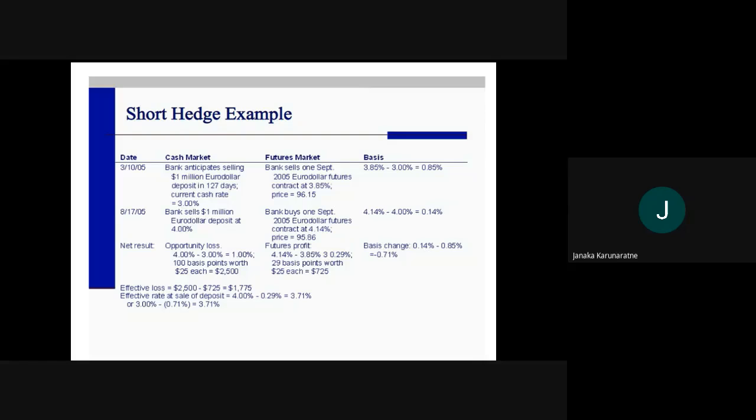But since you knew that the interest rate was going to go up, you entered into a euro-dollar futures contract. So as a result of the futures contract, now what is the loss? Now you hedge using the futures contract.